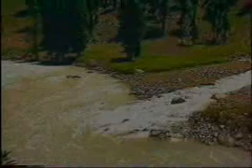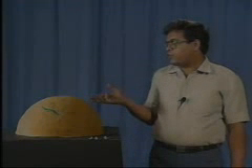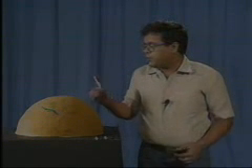Now let's study the effect of Coriolis force on a flowing stream. Suppose this represents the northern hemisphere. Now the angular velocity vector of the rotation of Earth can be represented by this arrow. Let this represent a river, and we select this point for our study.